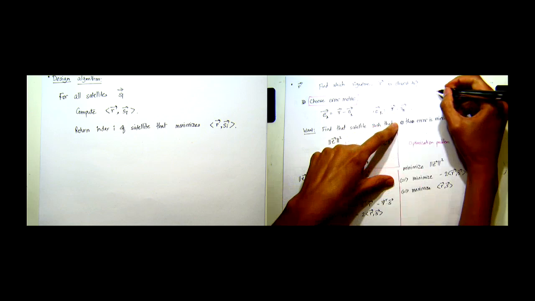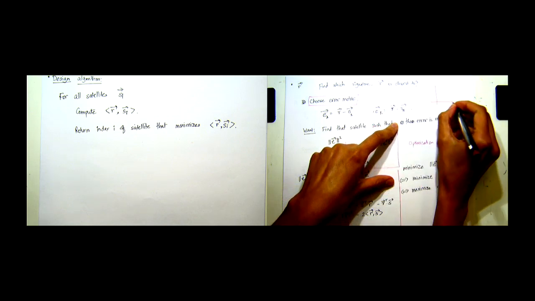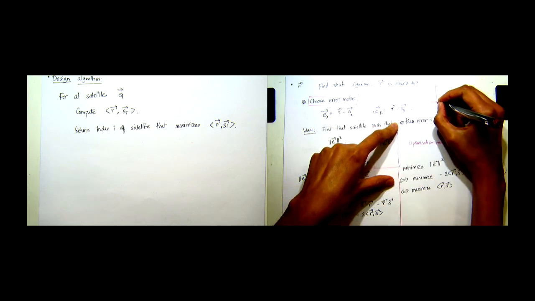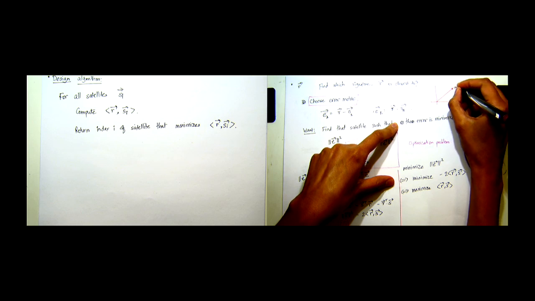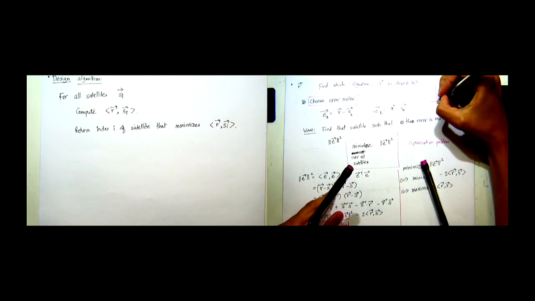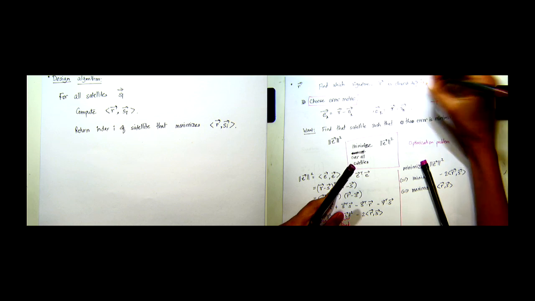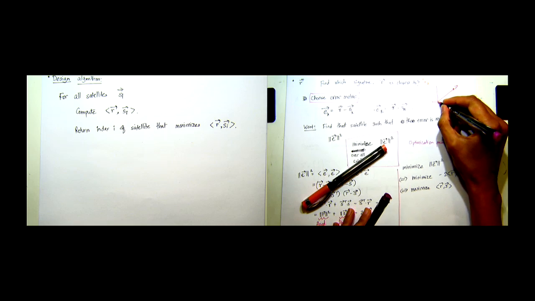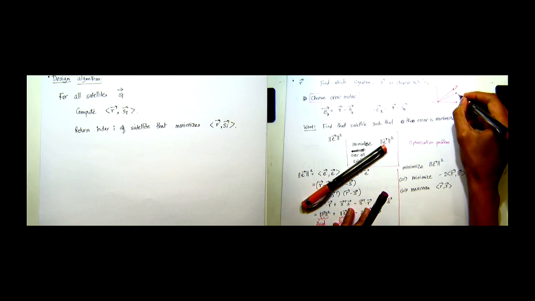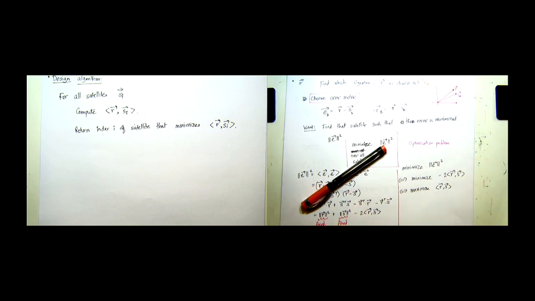So if I was to draw this picture, let's say my received vector was here. And let's say satellite A was here, and satellite B had the signature here, right?